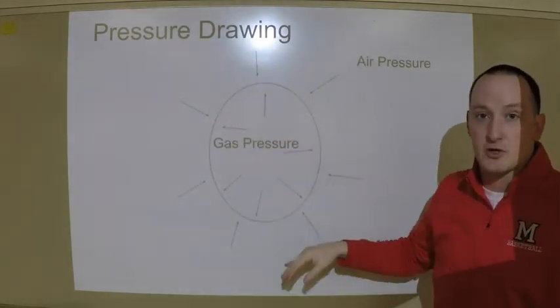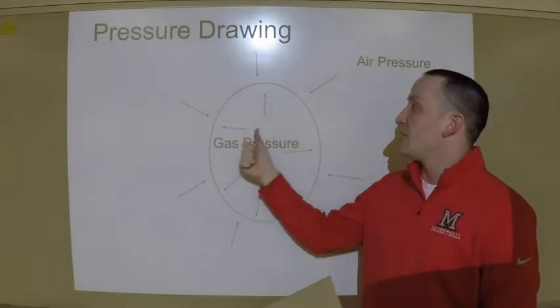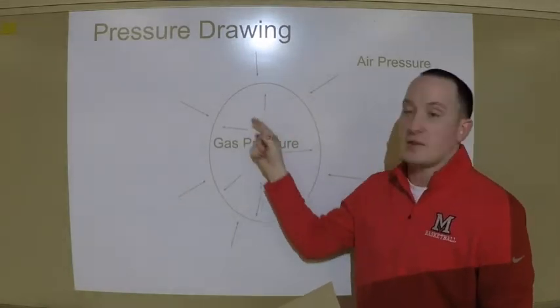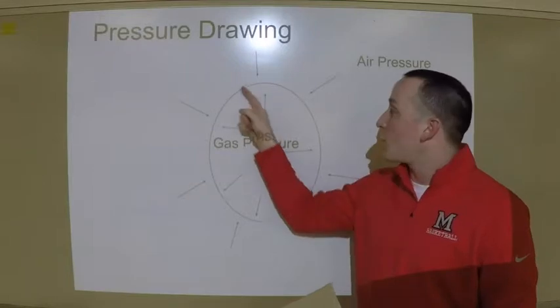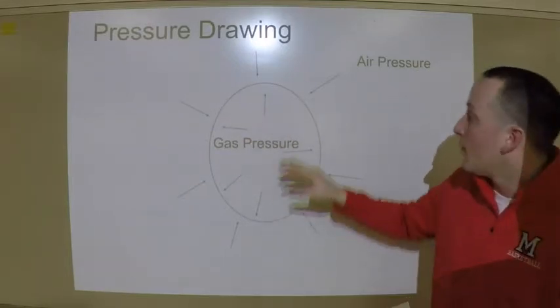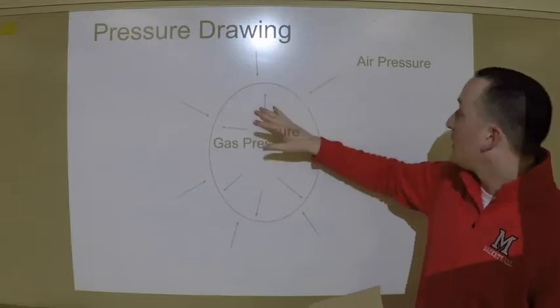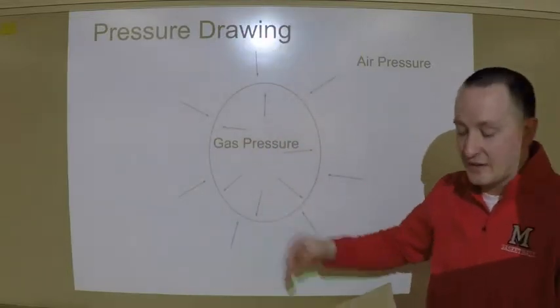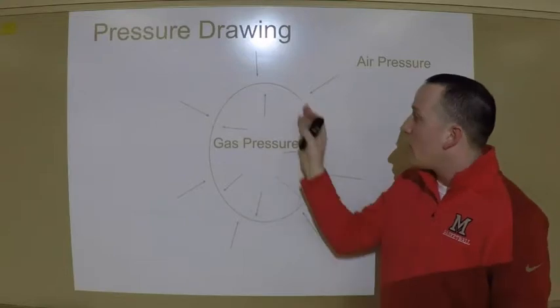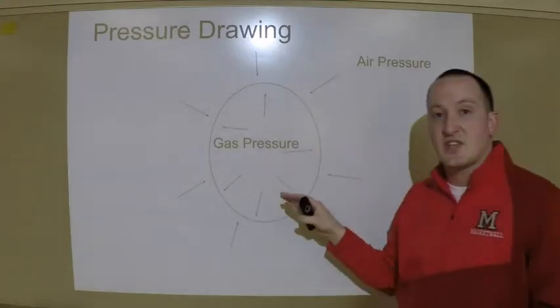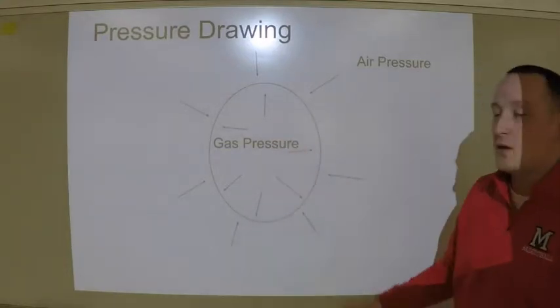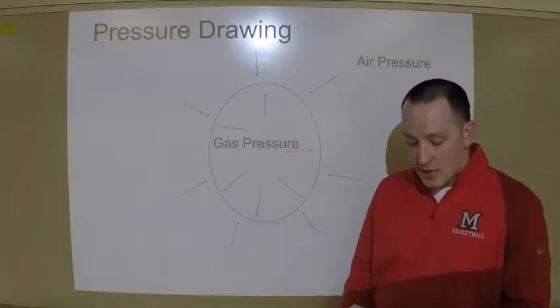Okay, that's air pressure. Gas pressure is the pressure of molecules hitting from the inside towards the outside of the container. All right, both of them are making collisions. Air pressure is on the outside, gas pressure is on the inside. So what I want you to do is take a moment and sketch that on your notes, just so that you can kind of get the idea of what gas pressure and what air pressure is.